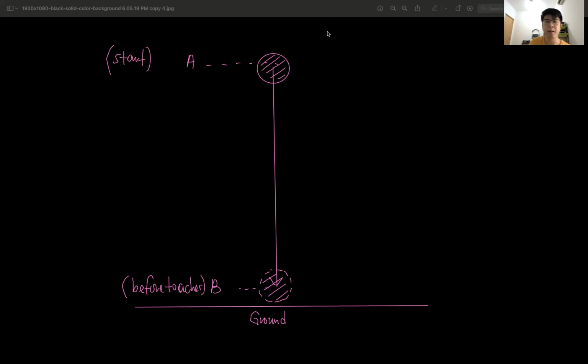Now, at point A, what is the PE? Let's say we take the total energy is 200 joule. So if up here is 200 joule, then our KE is 0 joule because it's not moving yet. Now, halfway, point C. What is the PE?